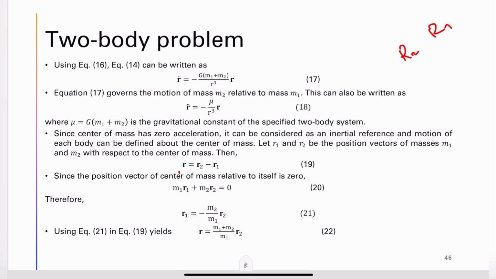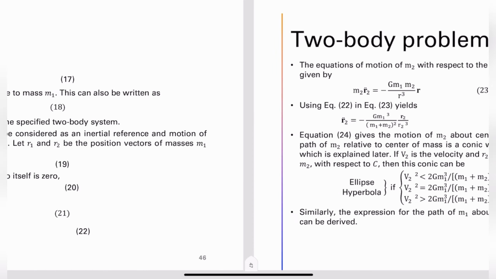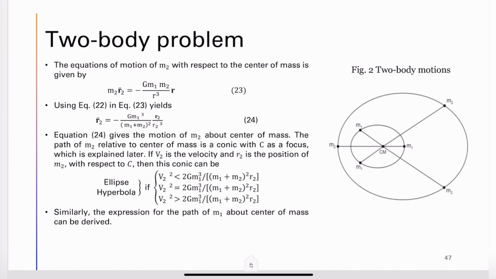Okay, what I'm doing now, I'm using equation 21 in equation 19. So I'm getting r is equal to (m1 plus m2) divided by m1 into r2. I am going to use this r.